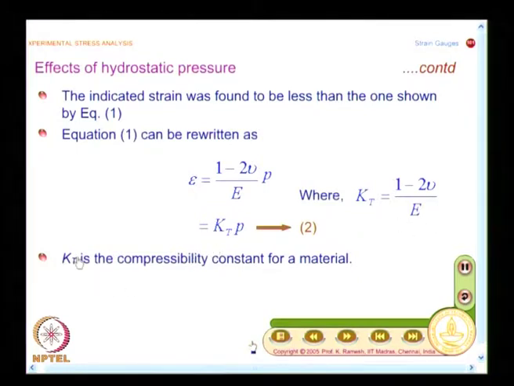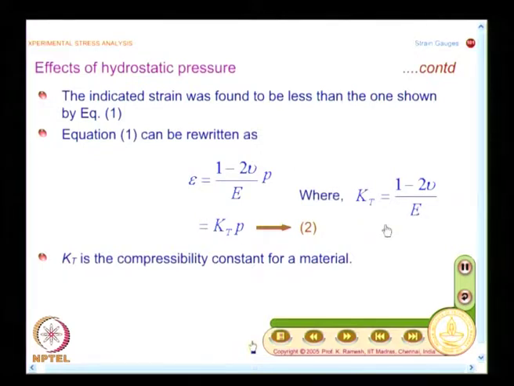You also define a terminology, you call this k T the compressibility constant for a material. So, it is a function of the Poisson ratio and the Young's modulus of the specimen, and this value k T is known for a given experimental situation.